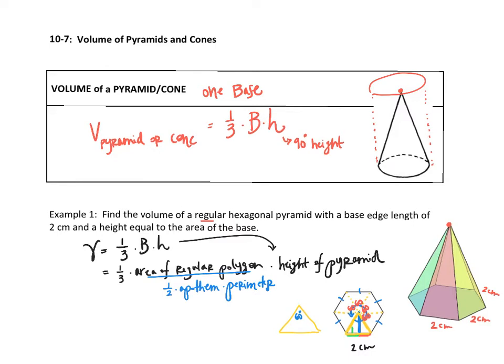Because when I go all the way around the circle, that has to add up to 360. So when I split that 60-degree angle, that now becomes 30. So I'm just going to put a little arrow here. This is now a 30-degree angle.